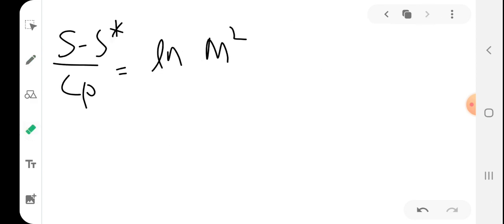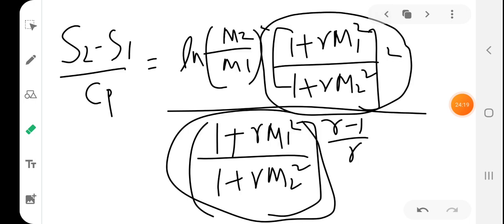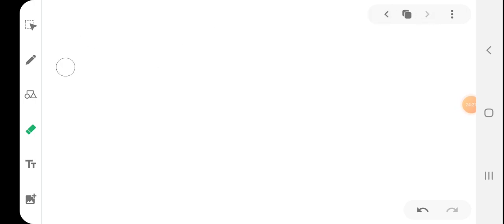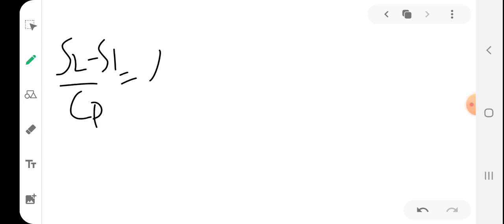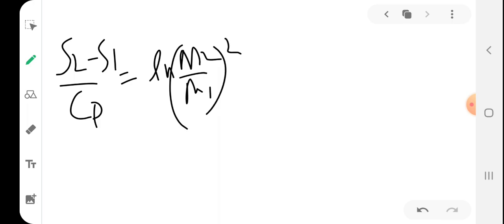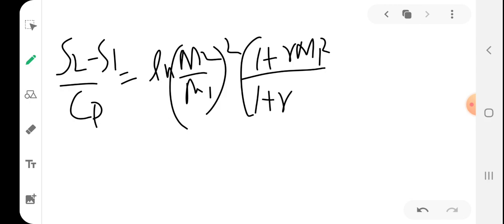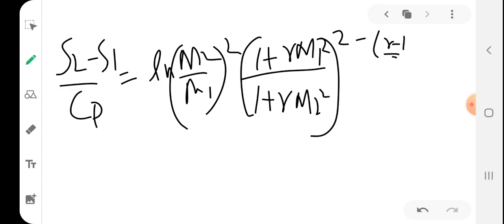So S2 minus S1 by Cp is equal to log (M2 by M1) whole square into (1 plus gamma M1 square) by (1 plus gamma M2 square) whole raised to 2 minus (gamma minus 1) by gamma.